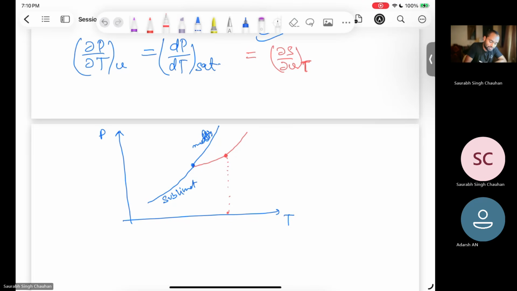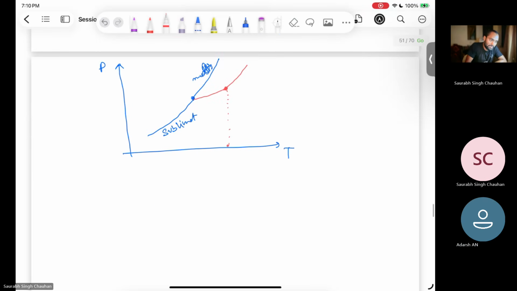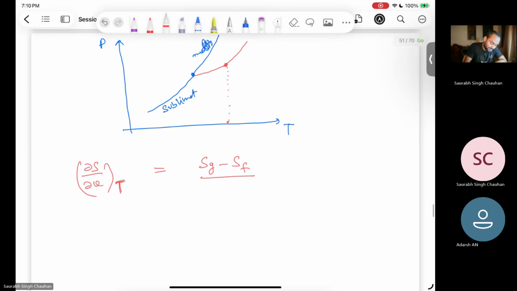So this thing is constant; dP by dT is constant at this particular point. Now this del S by del V can be written as... here G basically means the gaseous phase or the vapor phase, and F means the liquid phase, the fluid phase.